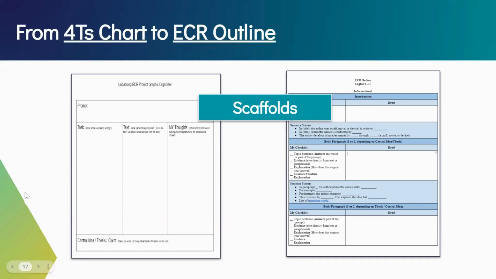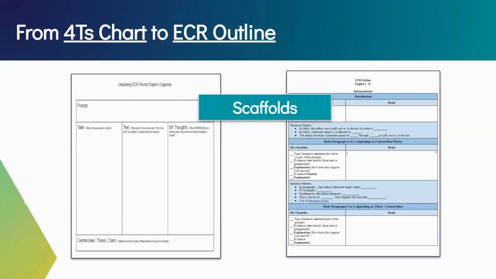Of course, with the 4 T's chart, they're planning and mapping out the ideas for the essay by identifying the purpose for their writing, the task, identifying text evidence that is relevant to the task, and creating thoughts that can be used as commentary based on the text evidence, which will eventually lead to them creating a thesis statement.